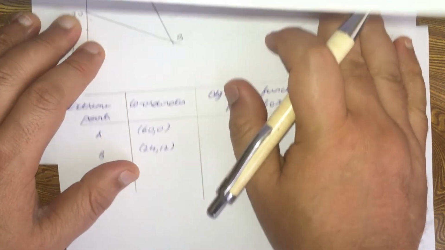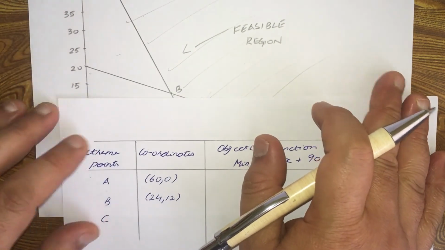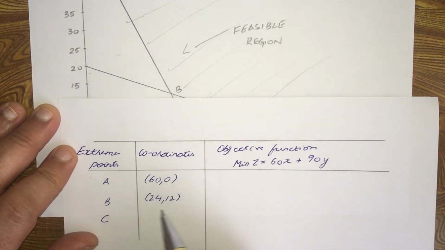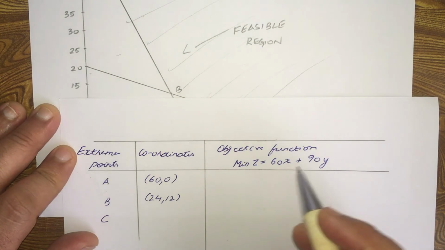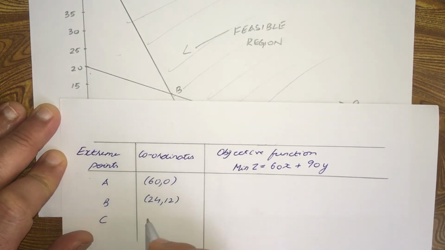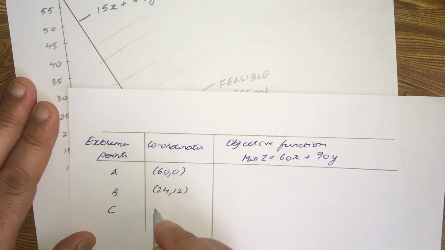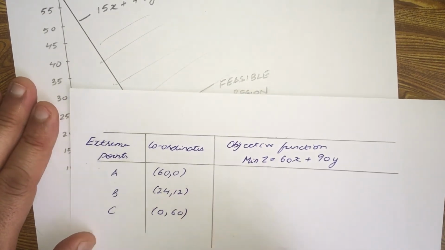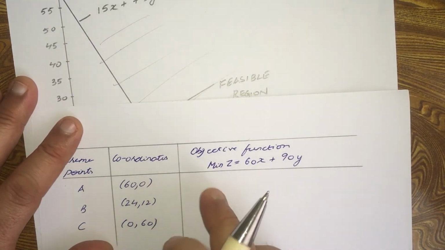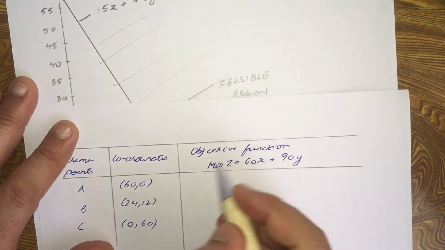Okay, it may change if you use proper graph paper. Maybe it may be 24.5 or 13. Okay, but it doesn't matter. And C is 0, 60. Now substitute these coordinates in the objective function.